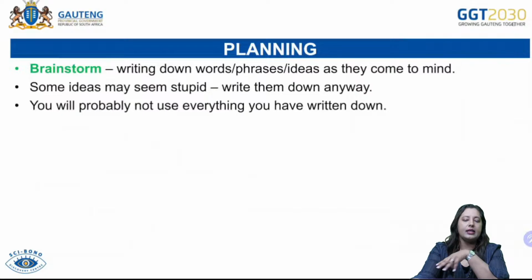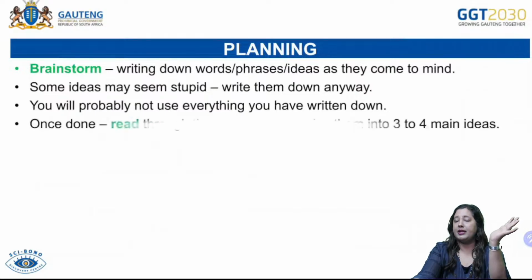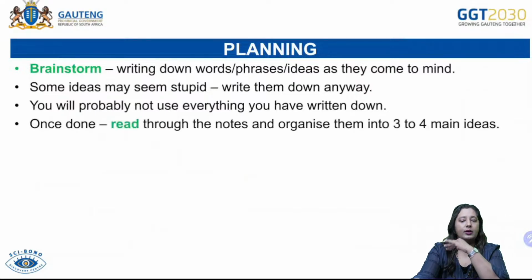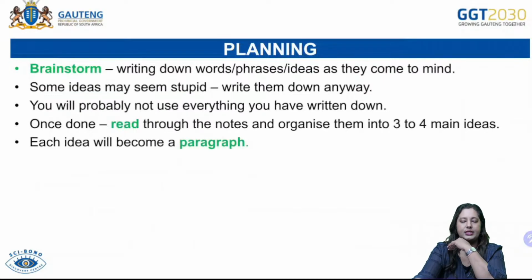Now, once you've done that, you've written things that you might find are necessary or unnecessary. Once you're done with that, grade 12s, read through your notes that you've made and then pull out at least 3 to 5 main ideas that you could be speaking about, because those will then dictate the paragraphs you are going to be using or writing.